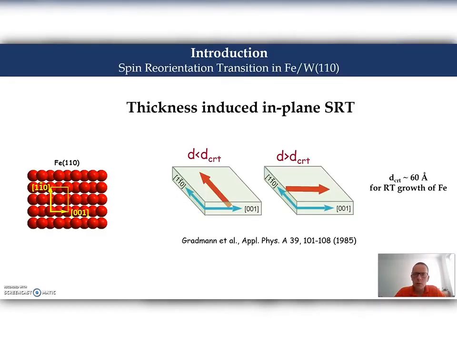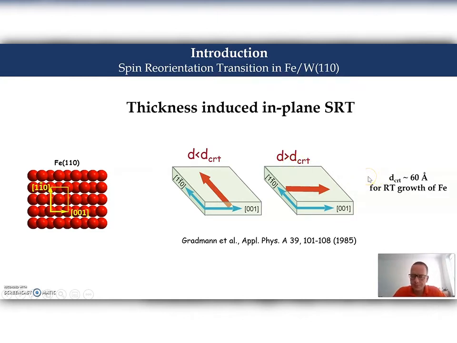So my introduction concerns a purely ferromagnetic system, namely iron on tungsten 110. Magnetic anisotropy in this system strongly prefers the in-plane orientation of magnetization, and we expect a thickness-induced in-plane spin orientation transition, which happens as the thickness of iron is increasing, and magnetization is changing from in-plane 1-10 orientation to 001 orientation, the bulk easy axis of iron, above some critical value of transition.